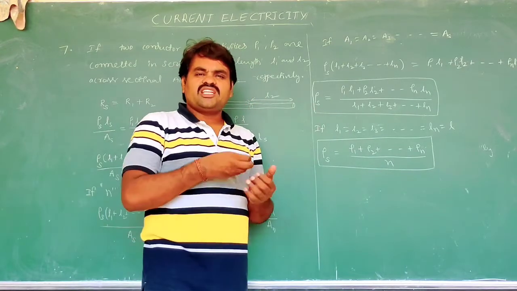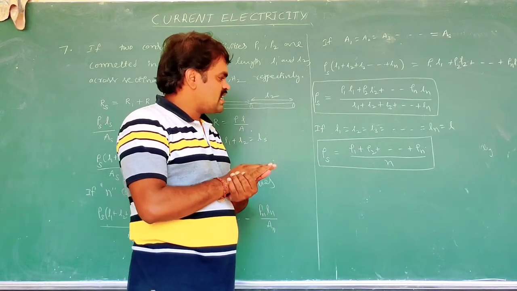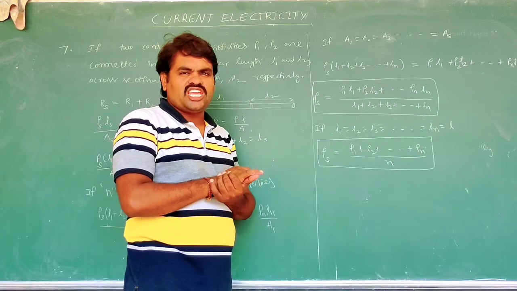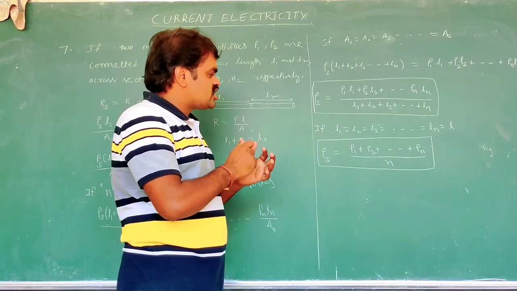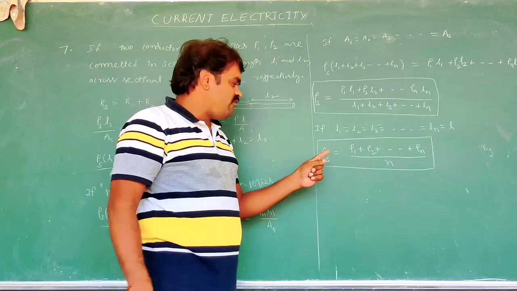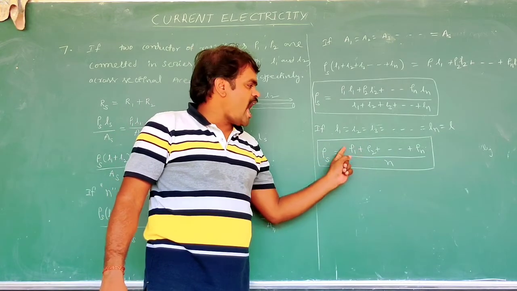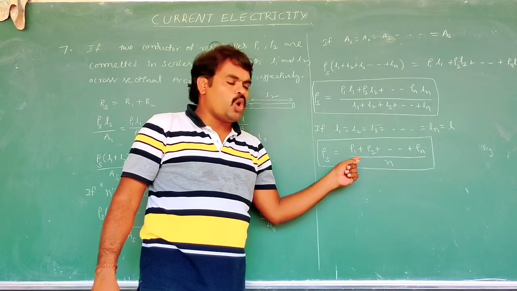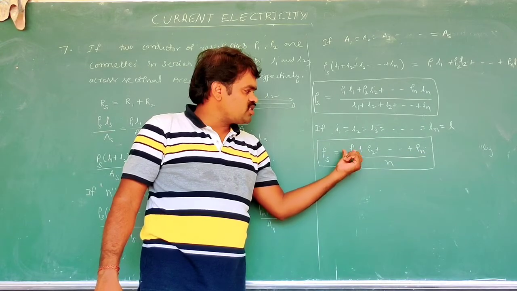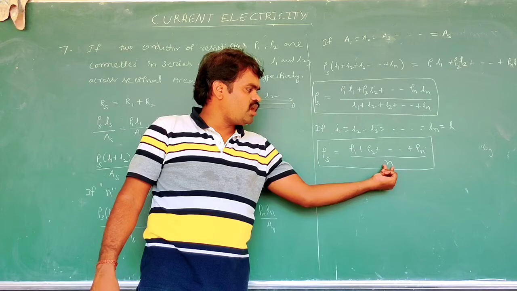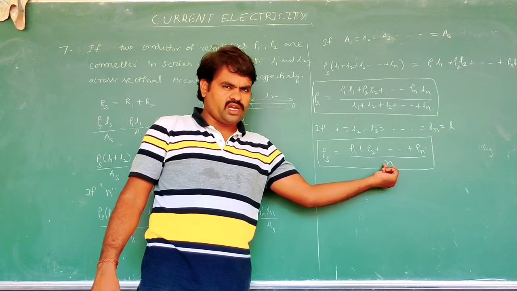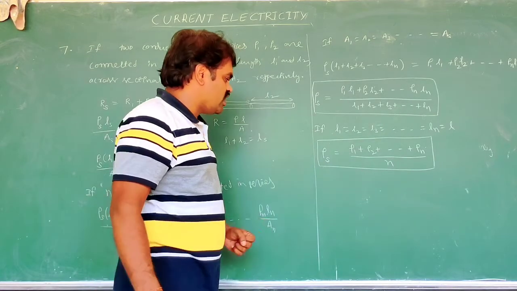If the conductors having the same lengths and the same cross sectional area are arranged in series combination, the effective resistivity must be equal to the average resistivity of all the conductors. Average means the sum of the resistivities by the number of conductors. That's why it is an average.